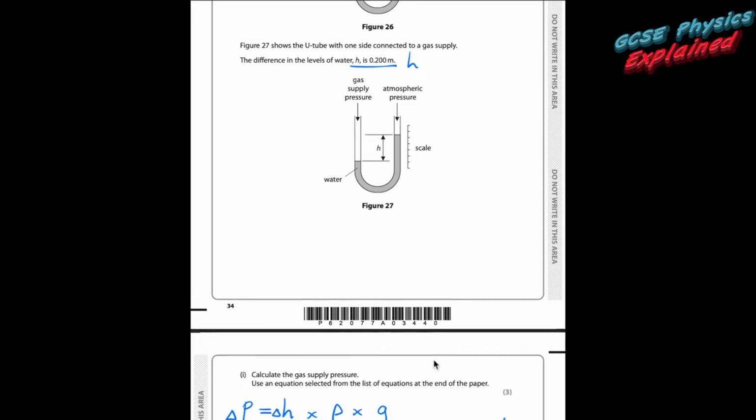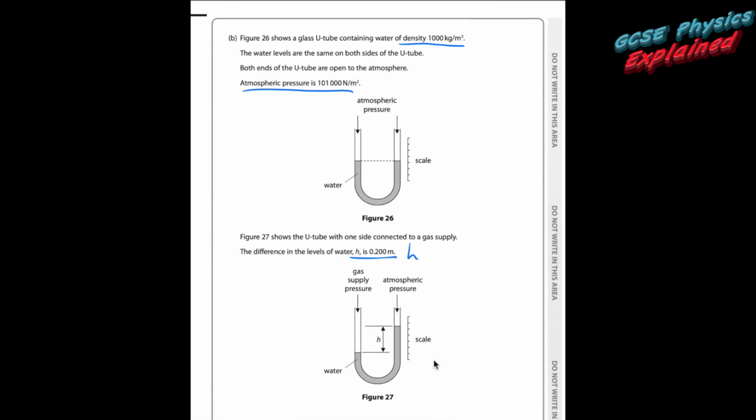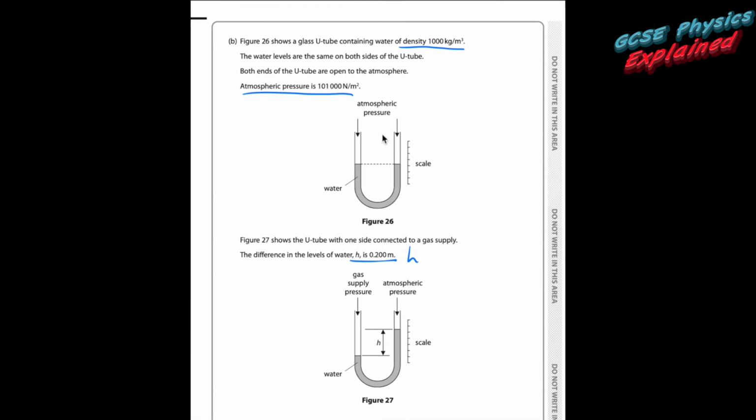So if we go back to the original atmospheric pressure, so basically there's atmospheric pressure pushing down on this side, which is 101,000 newtons per metre squared, and this one is getting pushed down more. So the pressure here must be more than that pressure there. So we know that the pressure difference was 2,000.